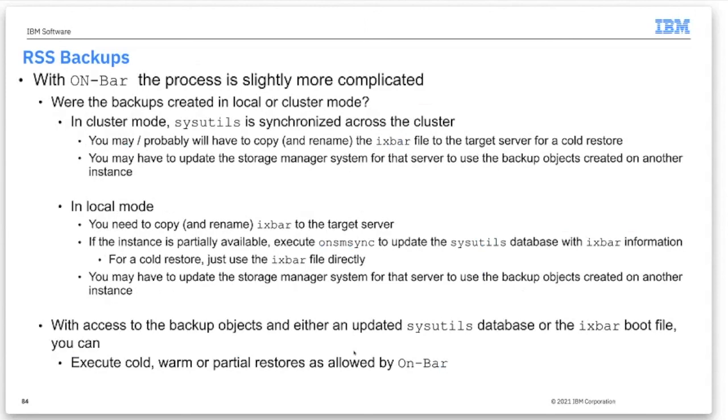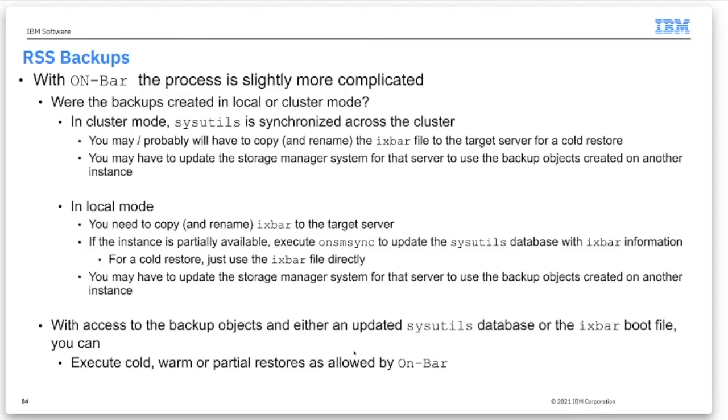If you're trying to restore a backup created in local mode, you will definitely have to move the IXBAR file to the target server. And if the instance is partially available, you'll need to execute the onfmsync utility to grab the information out of that IXBAR file and populate the sysutils database so that you can complete the restore.